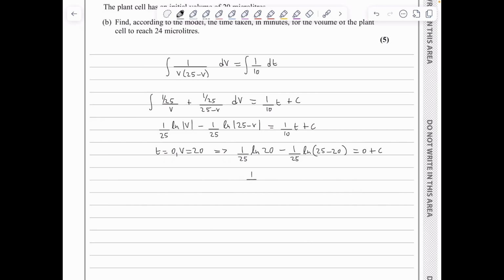So 1 over 25 ln of 20 minus 1 over 25 ln of 5 is equal to c. So we know that when we've got subtraction of two logarithms, then I do the logarithm of the quotient. 20 over 5 is 4. So we've got 1 over 25 ln of 4 to be the value of c.